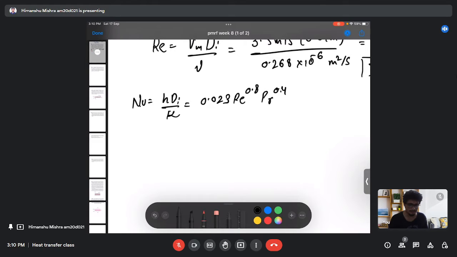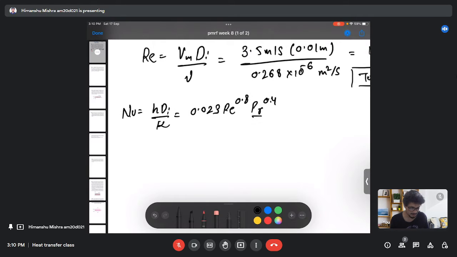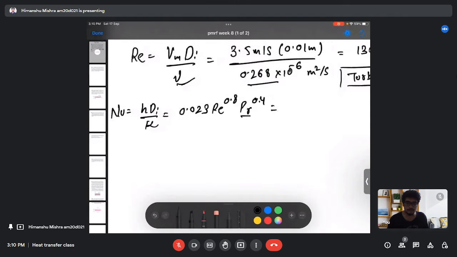I can get the Prandtl number based on the properties of the flow. It's just a ratio of the diffusivities. One diffusivity we already have, 0.2 × 10^-6 here. We just need to put the values of the Reynolds number and the Prandtl number in the expression.